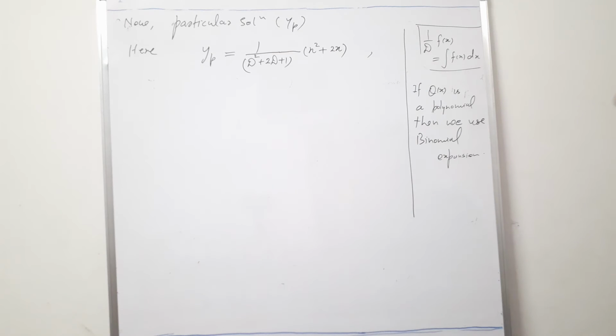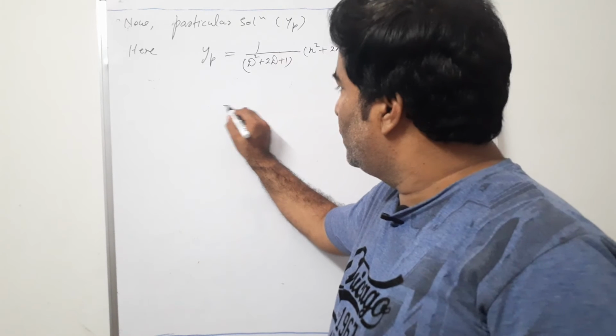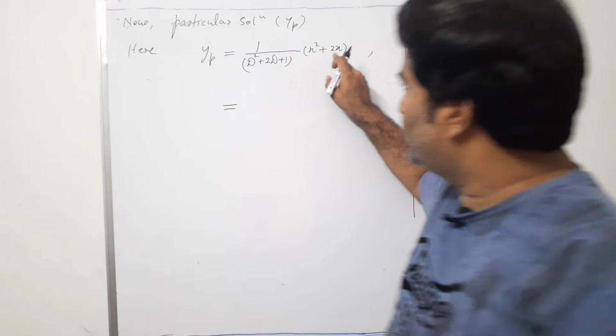Here x square plus 2x is a polynomial of degree 2.